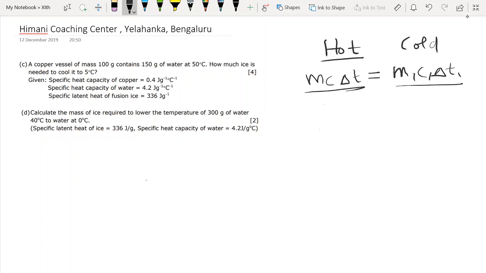Another thing which we need to understand is about change of phase. Whenever there is a change of phase of ice to water or water to steam, if we measure the temperature of ice at 0 degrees Celsius when heat is being supplied, we will find that for quite some time there is no rise in temperature even though heat is being supplied.